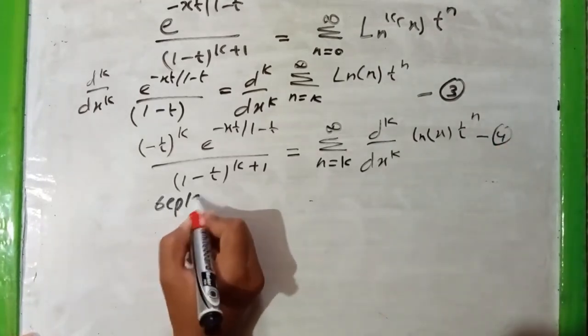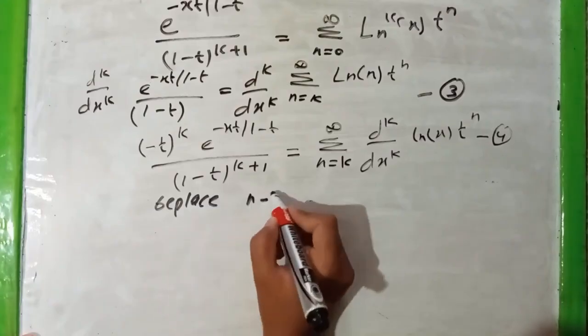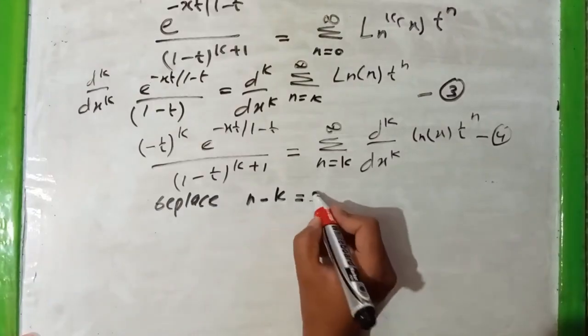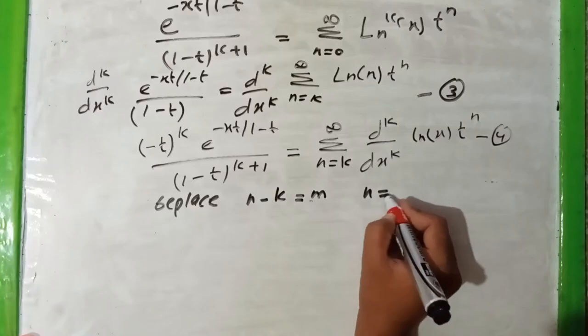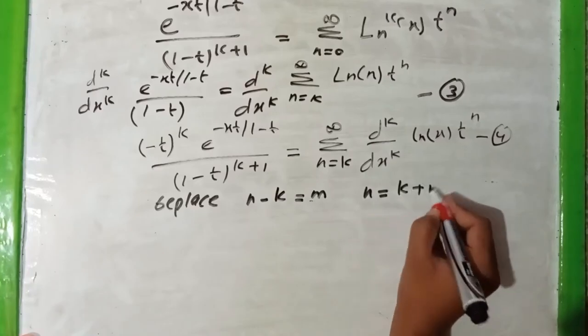Replace n minus k is equal to m, and n is equal to k plus m.